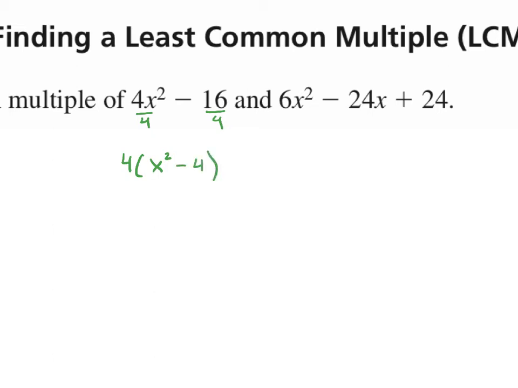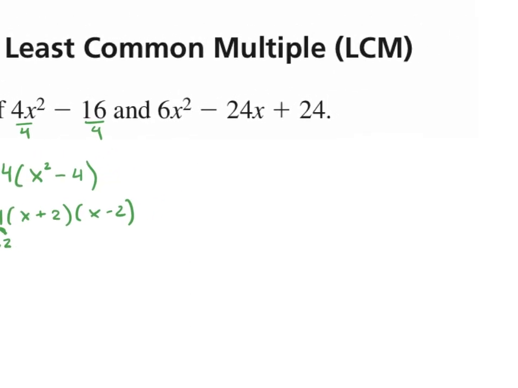So then we can factor x squared minus 4 into x plus 2 and x minus 2. So this is as factored as we can go here. We could actually write down the factors of 4 here as 2 and 2, because that'll help us when finding the least common multiple. We're going to do the same thing for our next polynomial.